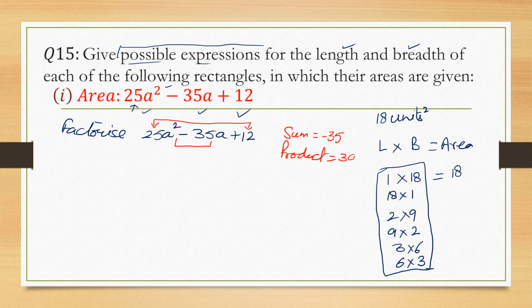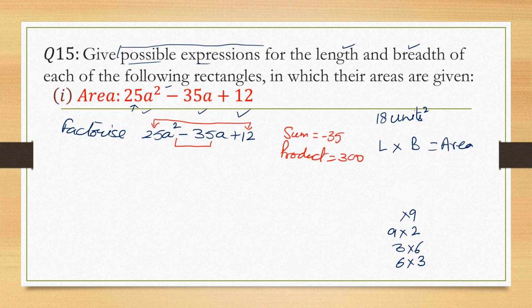Now think of the numbers. I hope in live class you must have done the shortcut way of doing how to find the factors so that we get sum as minus 35 and product as 300. So I hope you must have asked the teachers who have taken your live classes. If not, then in next live class ask them.